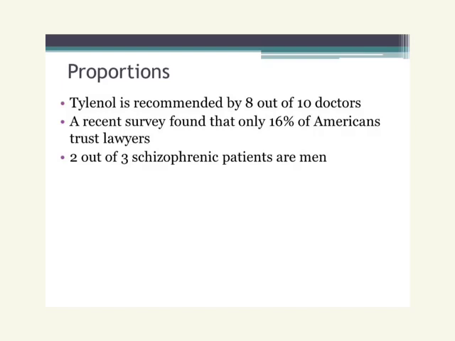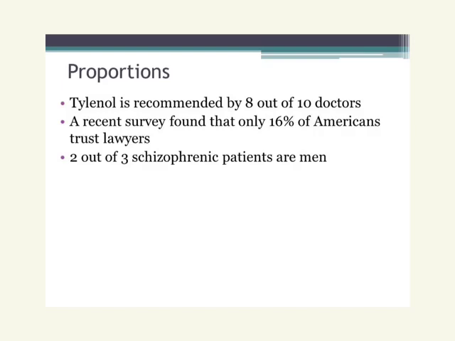Did they ask every single doctor in the world or the nation, or whatever their population is, do you recommend Tylenol? My guess is no, they didn't. They probably dealt with a sample, and from their sample, they found approximately 8 out of 10 recommend Tylenol. And so they're representing their data, their statistic, as a proportion.